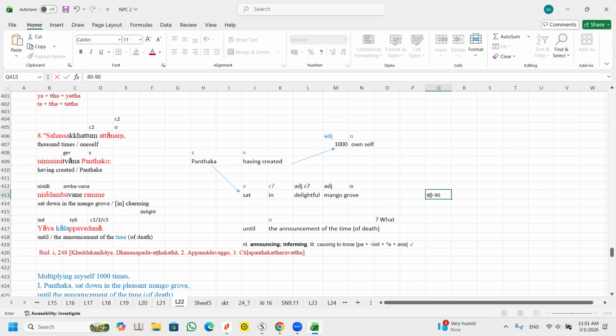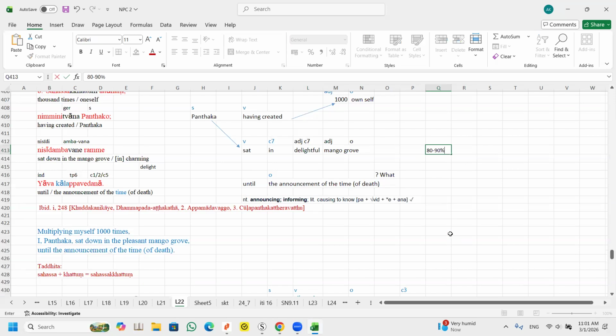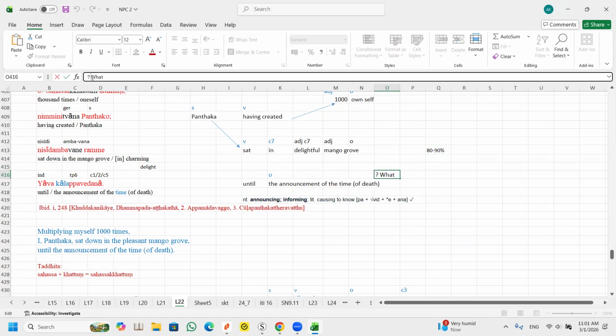Understand? You may misinterpret announcement of time, referring to what? You must ask this type of question, referring to what.